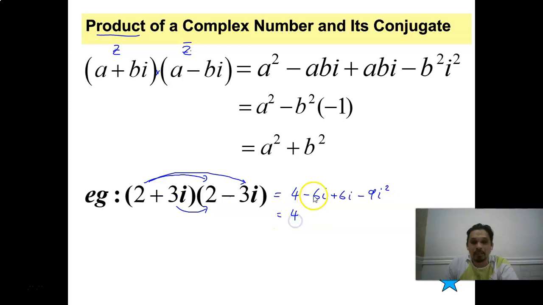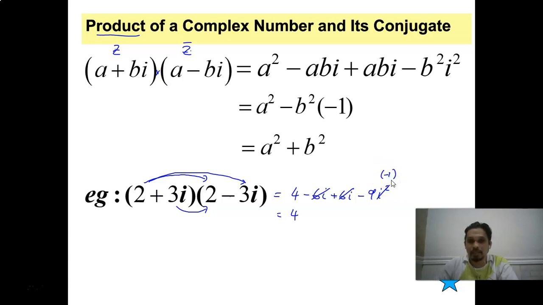Negative 6i plus 6i, clear between these two. And then i squared equal to negative 1.